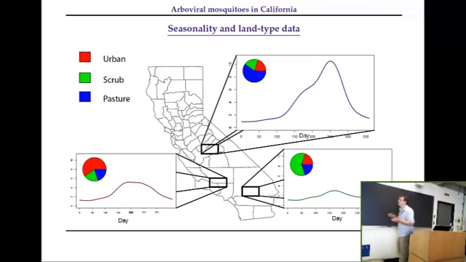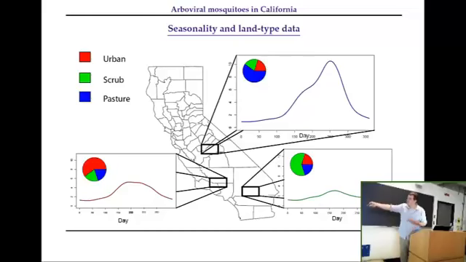So let's consider 3 different locations within California. And this data is a bit of a toy data example. So it's not to say that if you went to the Central Valley, you'd find this exact breakdown of land type. But let's just say you did. If you went to the Central Valley and you found the majority of the land type was pasture, a little bit of scrub, and a little bit of urban, maybe you'd expect that throughout a year there's not very many mosquitoes, and then at some point in time, the mosquito abundance peaks.